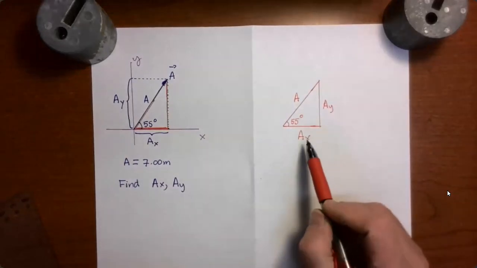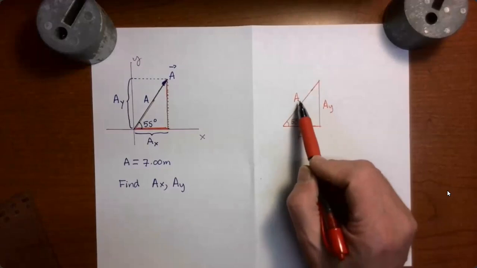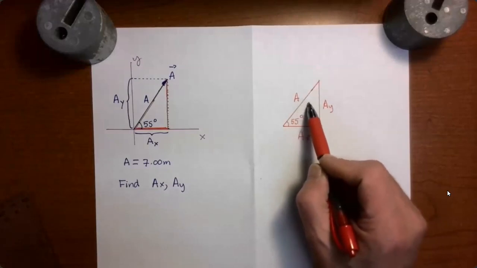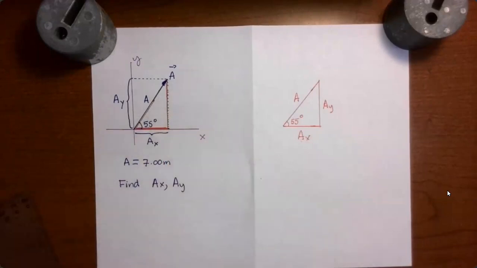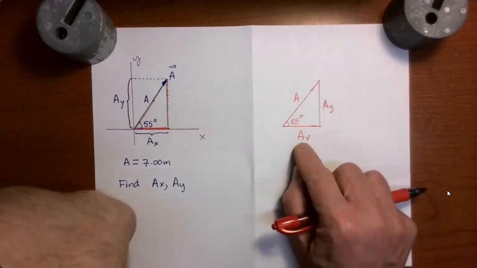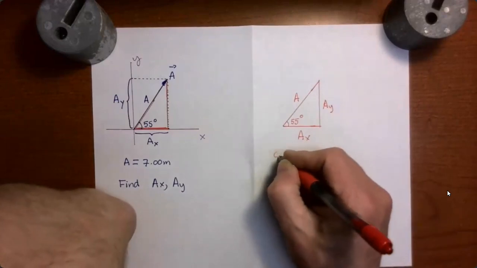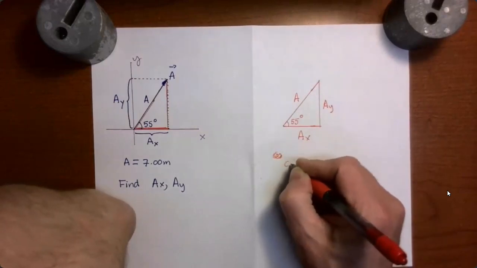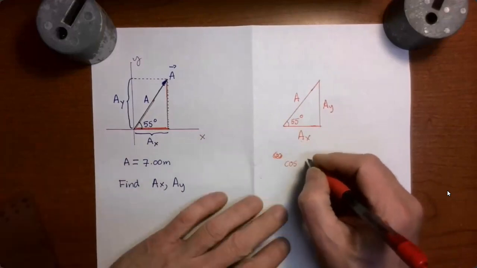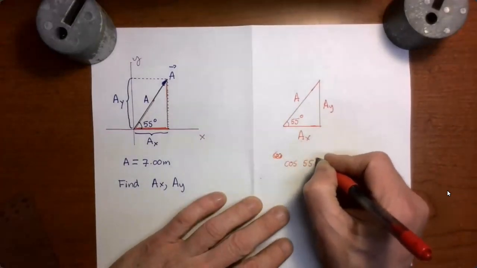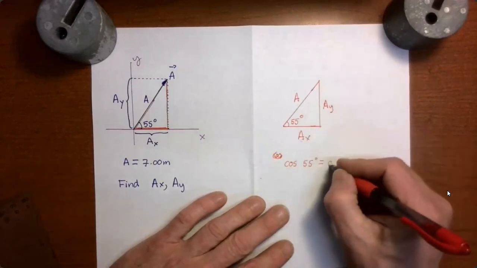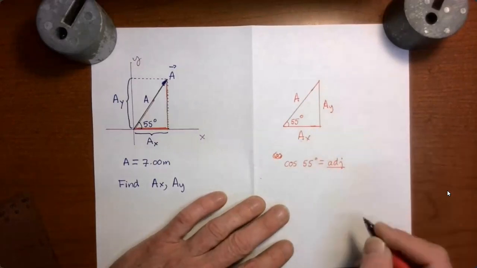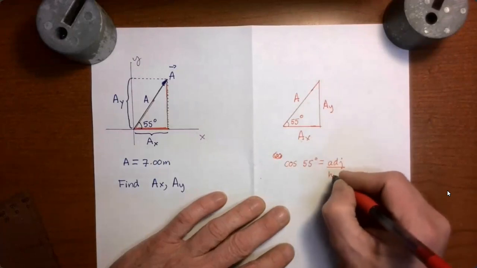Okay, now I can get A sub x and A sub y by analyzing the geometric triangle, which was designed to match the vector A over here. Okay, so how can I get A sub x? Well, I'm going to write down the definition of cosine 55. So cosine 55 would be equal to the length of the adjacent side divided by the length of the hypotenuse.